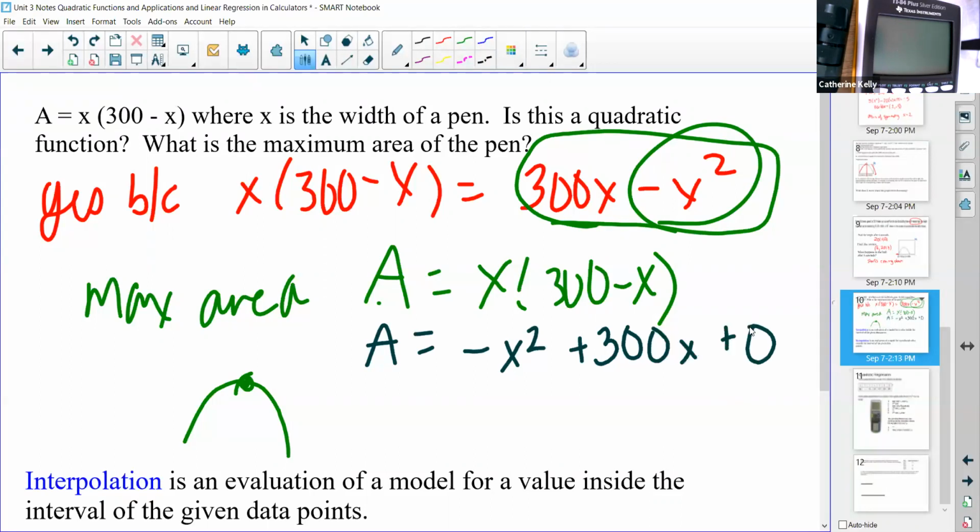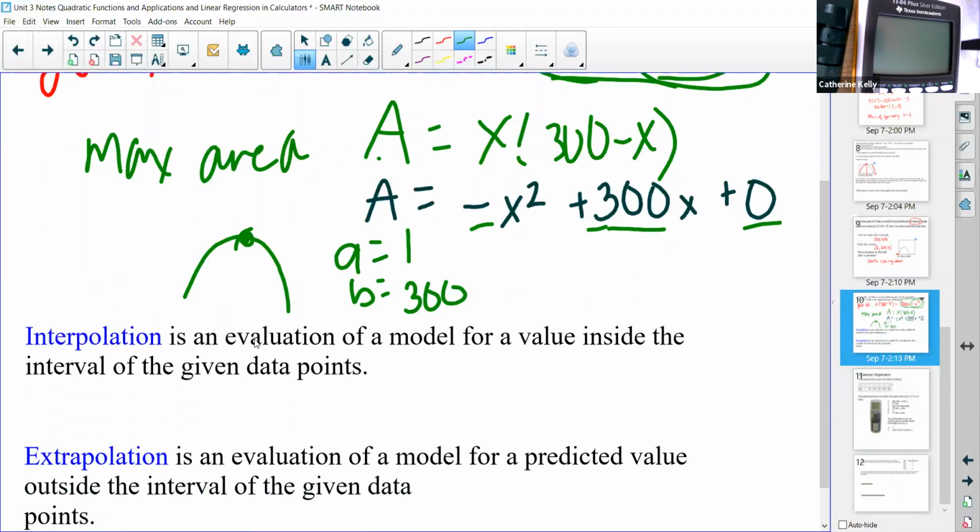The reason why we're going to do that is because now we have a value for our A, our B, and our C. Our A is negative 1, our B is 300, and our C is 0.